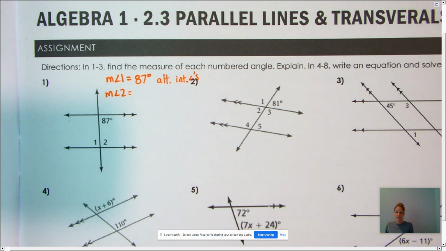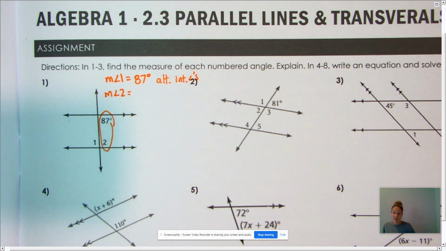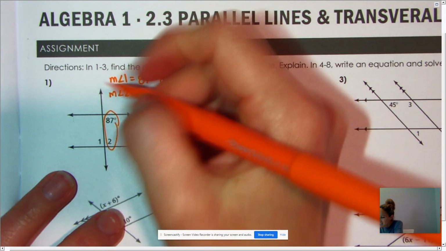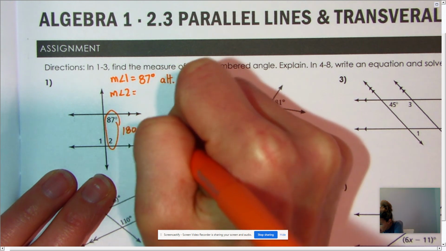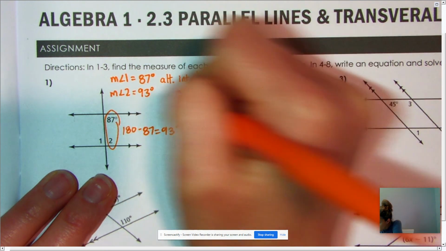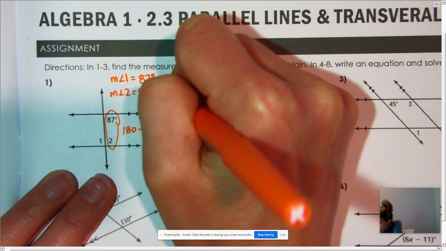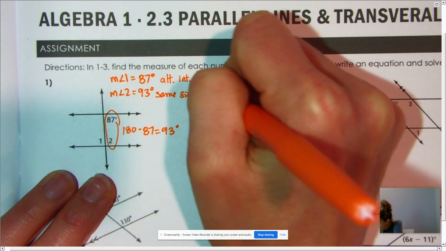I know that it's a same side interior, so I know it's supplementary. So I'm going to start at 180. I'm going to take off 87, so that takes me down to 93. So 180 minus 87 equals 93. So 93 degrees because they are same side interior angles.